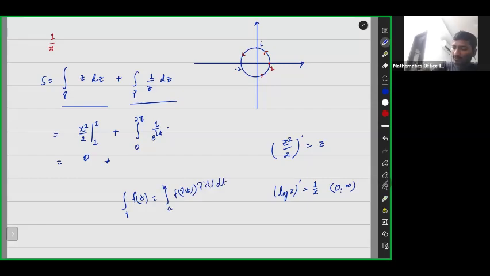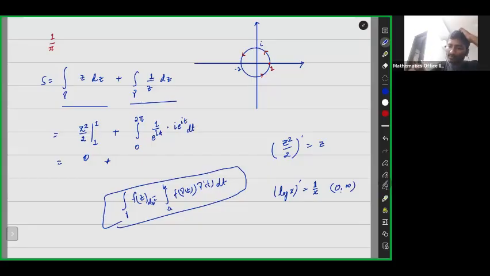So gamma prime t will be i into e power i t dt. Now e power i t from here and here gets cancelled, and what we get is 2 pi i.